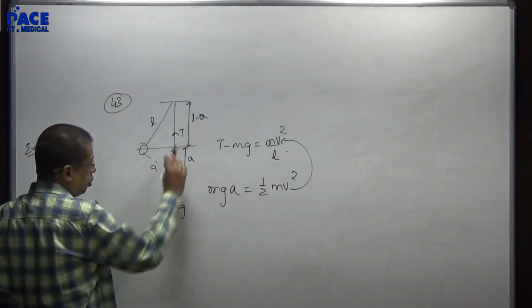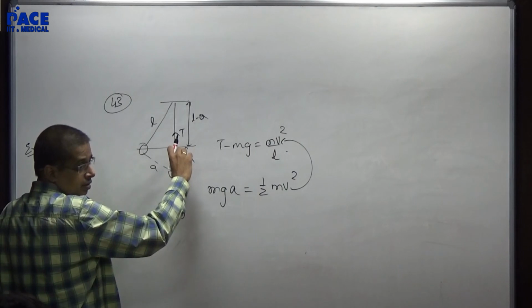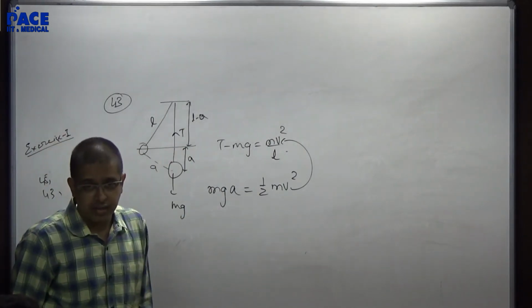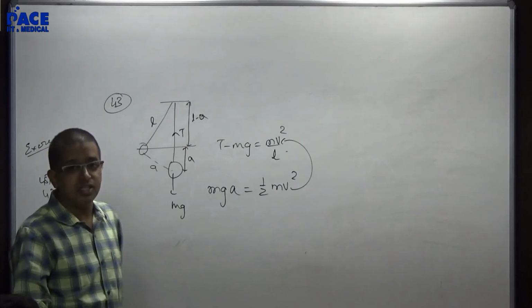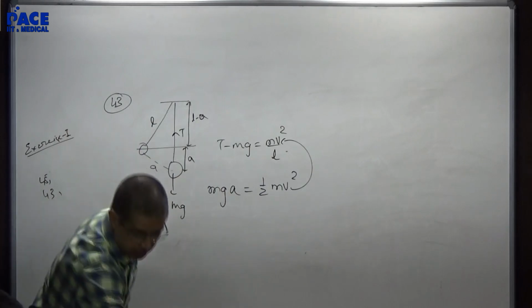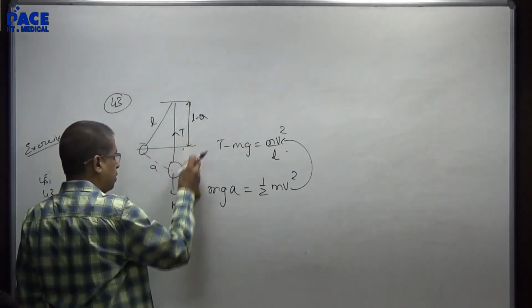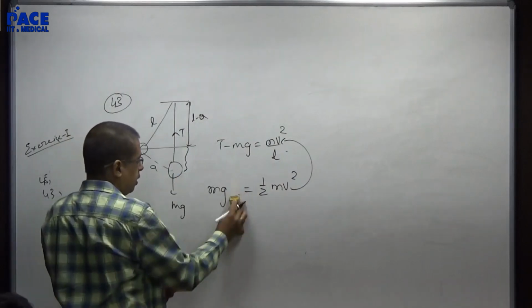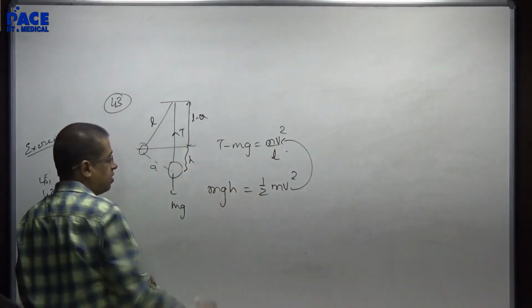If this is amplitude, please find out this height, and then substitute. Right? Is it clear? We will have to specify which is the amplitude here. Probably this will only be taken as amplitude, not this. Find out this height and substitute here. If I take this h, take this h.